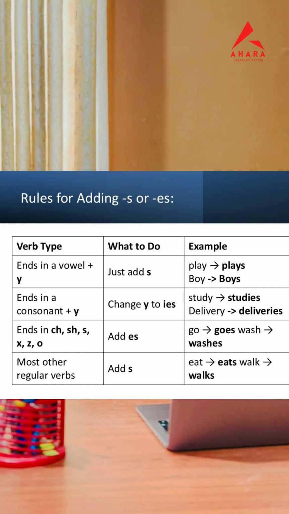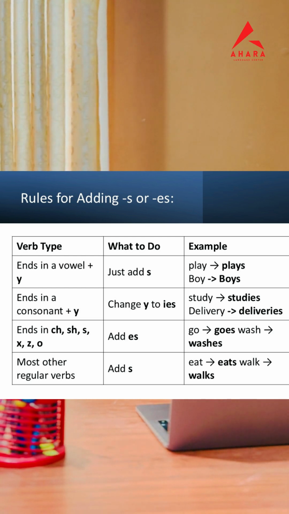Let's go to the third rule. The verb ends in CH, SH, S, X, Z, O. If a word ends in such letters, then we will be adding an ES at the end of the word.